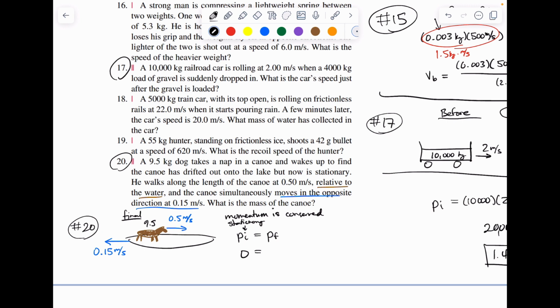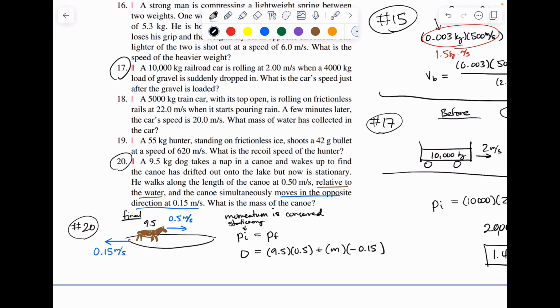And now things are moving. The dog is moving, the canoe is moving. And so there's some momentum, but it should all cancel out to 0. So we have 9.5 kilograms times 0.5, and then plus the mass of the canoe times negative 0.15 meters per second.